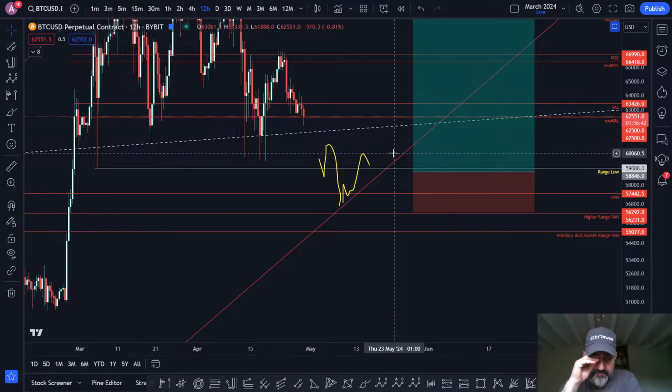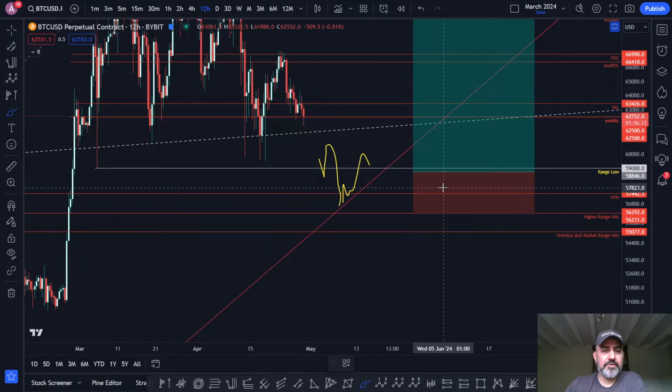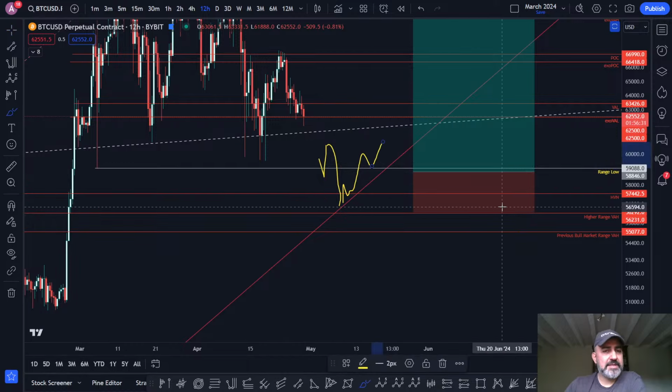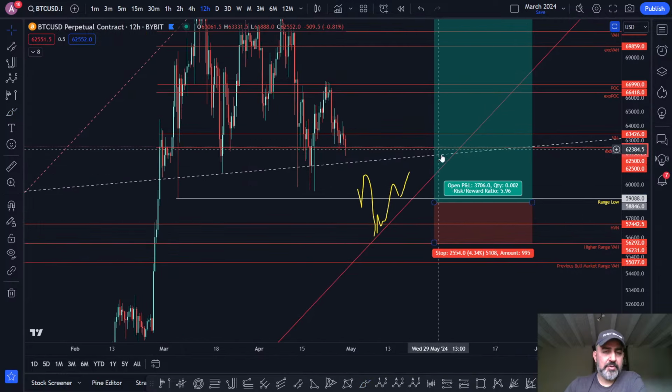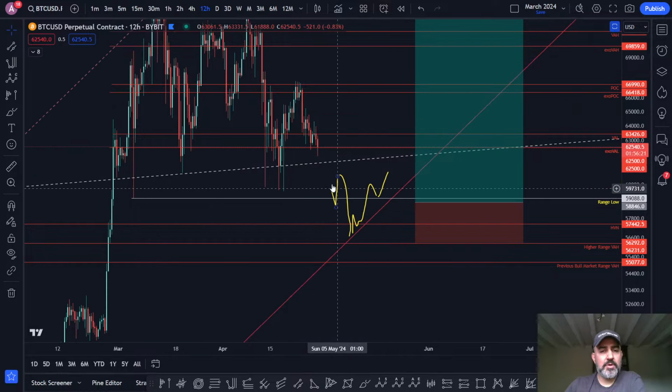If you have a failed auction into the lows, you would expect the price to get back above the range low and find support back on the range low again before going to the upside. So we don't really know if this swing failure is going to give us a good enough reaction for this to be the low if we do take it.